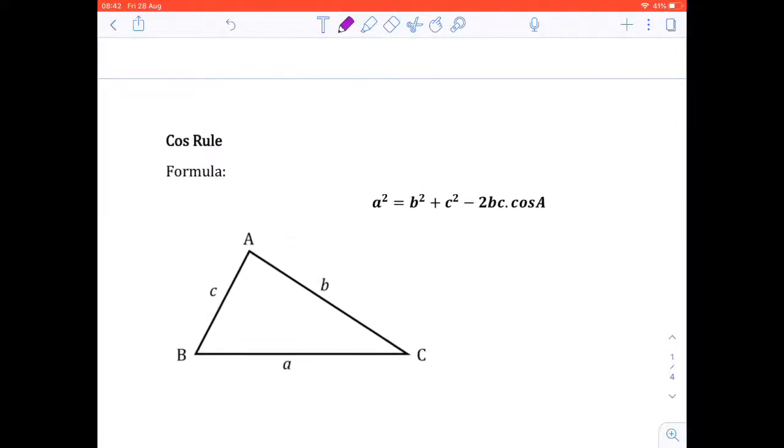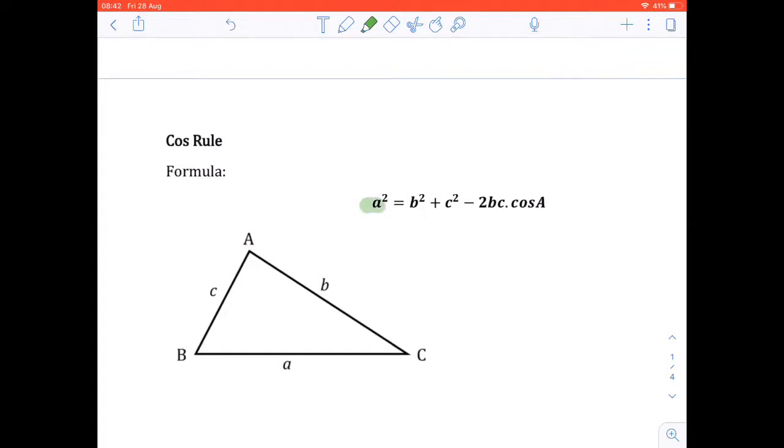Cos rule works with the same triangle, except there's a bit of a difference. For cos rule, the formula is a squared equals b squared plus c squared minus 2bc times cos A. You can see most of these variables in this equation are side lengths.